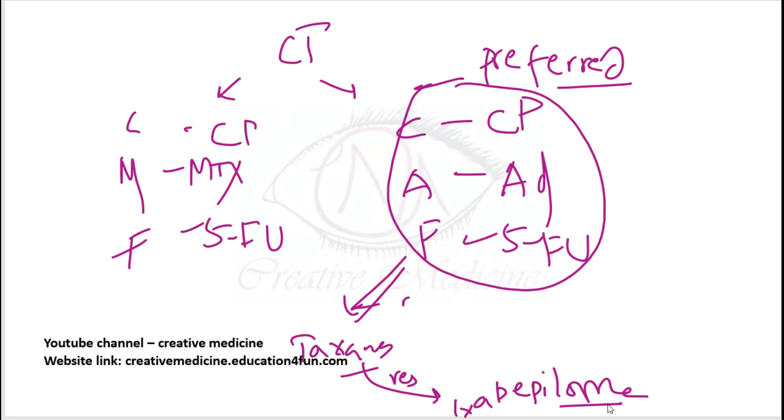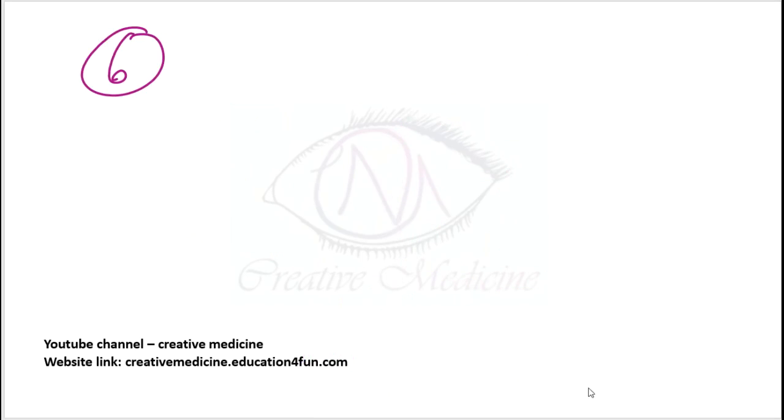So first you give cyclophosphamide, adriamycin and 5-fluorouracil, then taxanes if resistant, then ixabepilone if resistant to taxanes also.